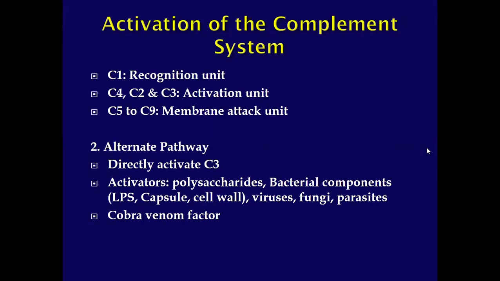Okay, so for the classical pathway of complement system activation, it starts with C1 as the recognition unit, and then the cascade continues up to the time that there is ultimate production of the membrane attack unit, which is composed of C5 to C9.